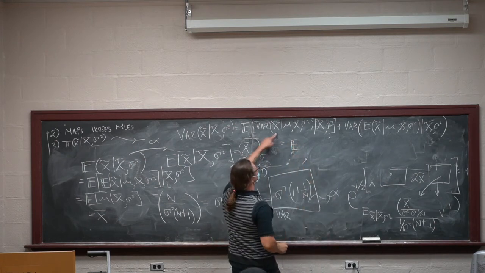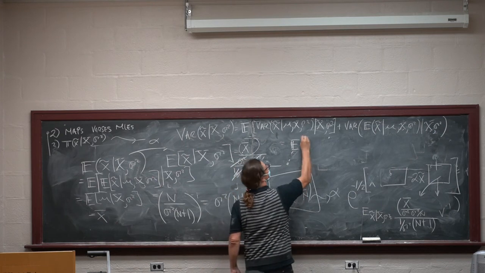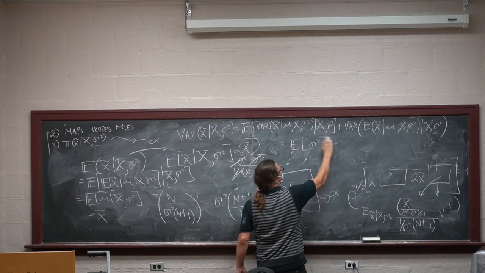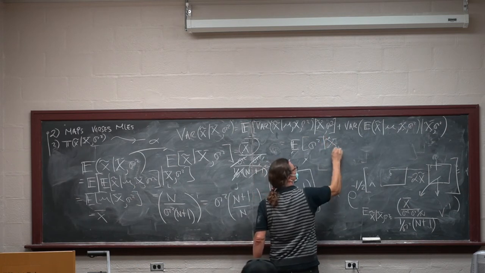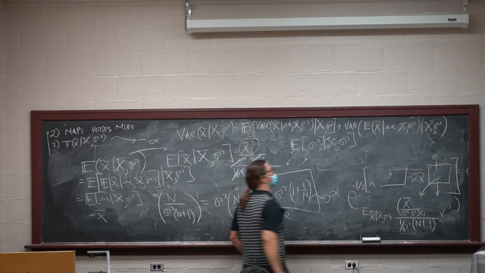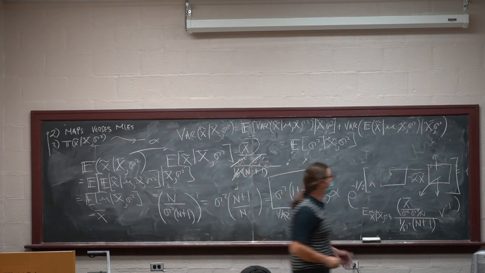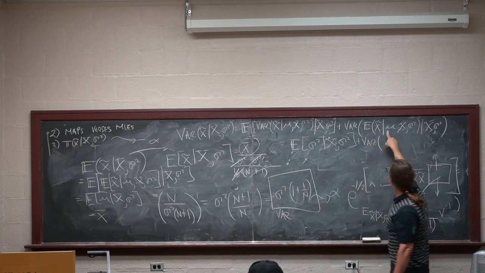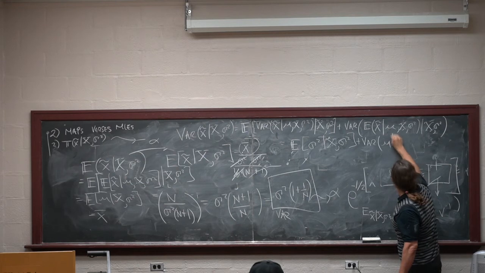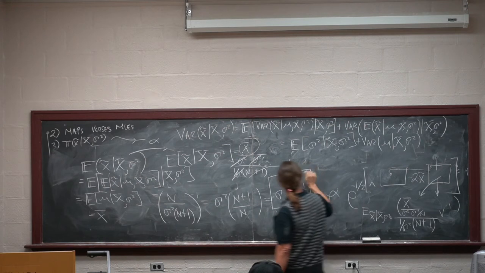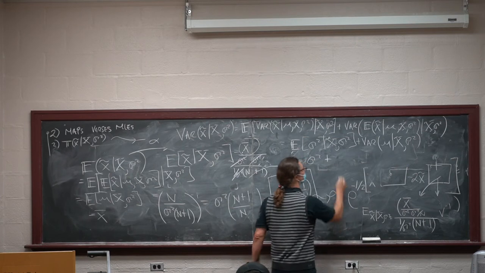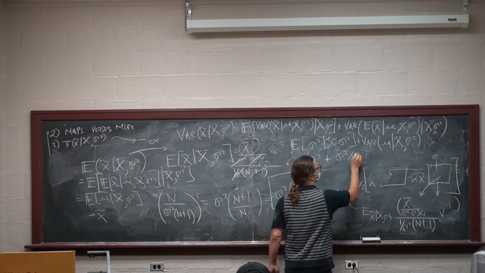The expectation of the variance of this, and I get to know the variance. Perfect, sigma squared. And let's get our conditioning in there just so we know the obvious. The expectation of sigma squared, when we know sigma squared, is sigma squared. So plus the variance of the expectation of that, which is mu, conditional on x and sigma squared. So this is going to be sigma squared plus sigma squared over n, the variance of the posterior.